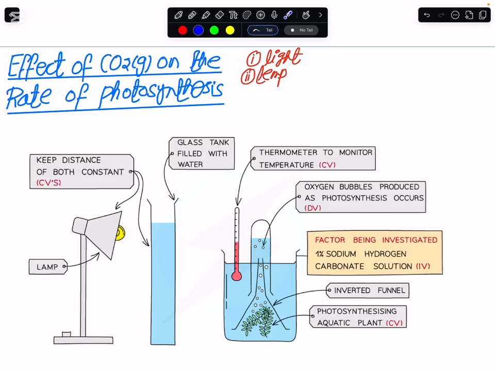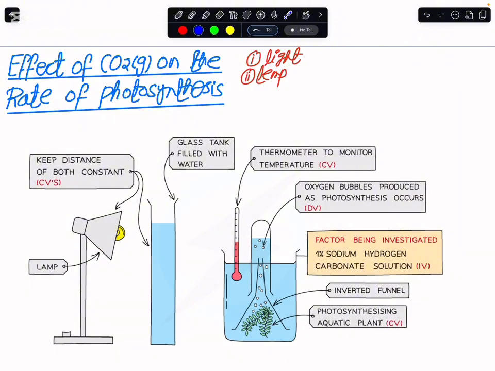So how I get rid of it is that I would take a glass tank and fill it up with water. That would try to eliminate any of the excess heat that could be generated by this lamp source. Now, the independent variable here is the carbon dioxide concentration. So what I am going to do is change the percentage of the sodium hydrogen carbonate solution.